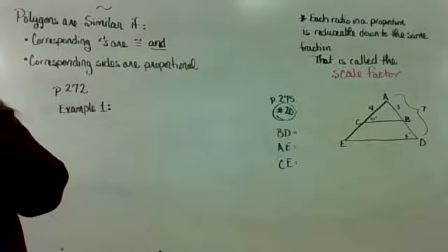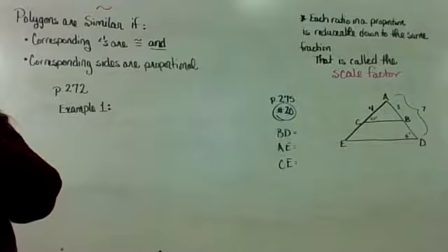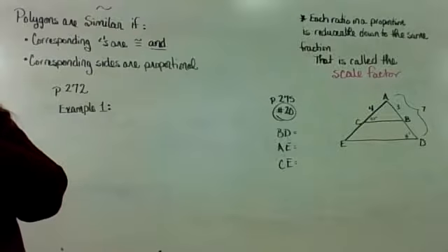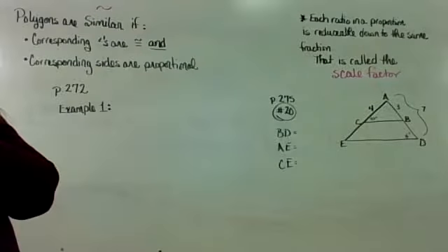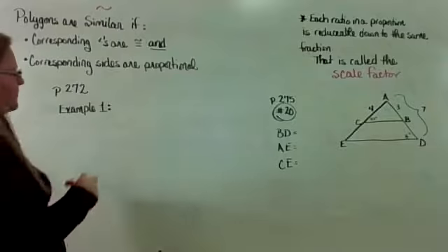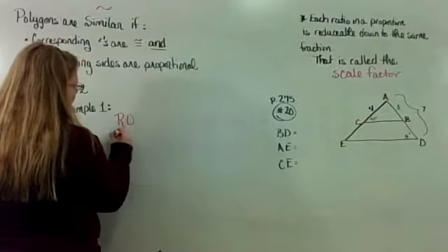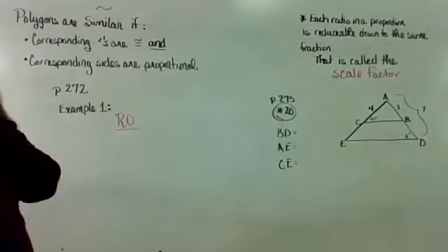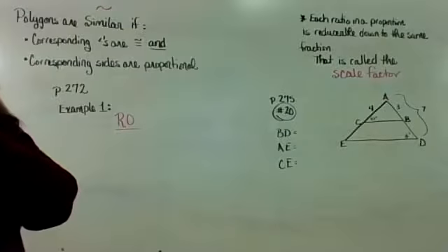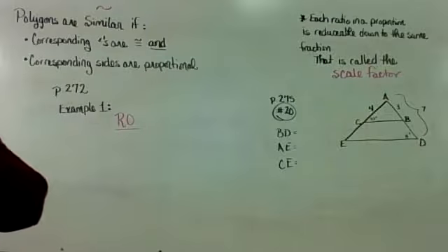Good job. But when we go to figure out our sides, I want to talk about the small triangle on top, the side that is RO. It has to be proportional with the side that is IG.